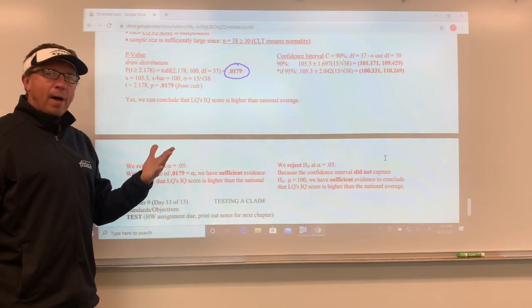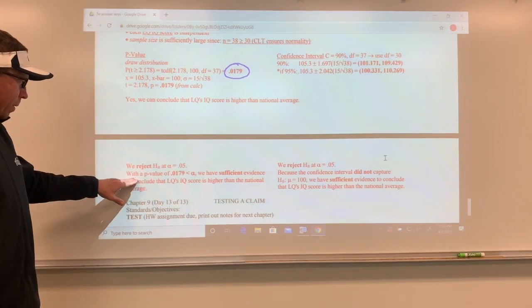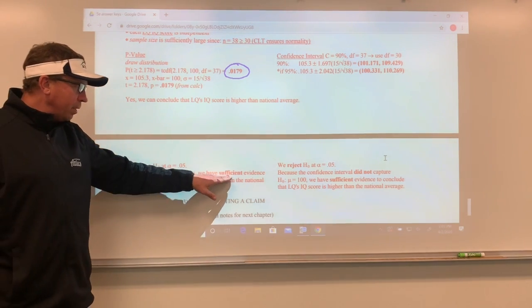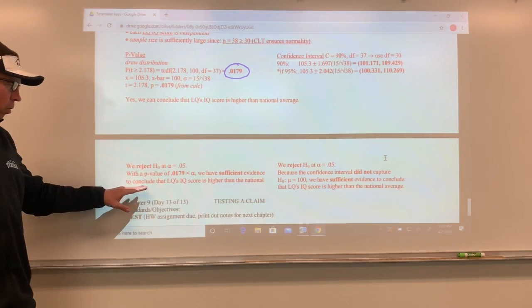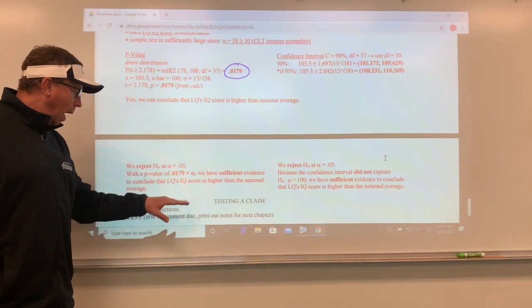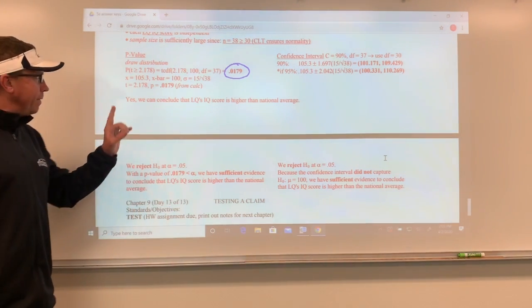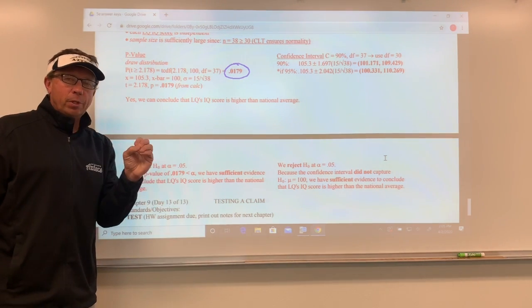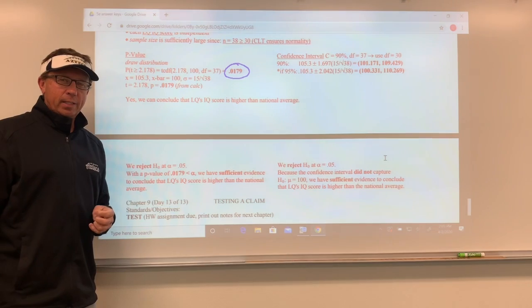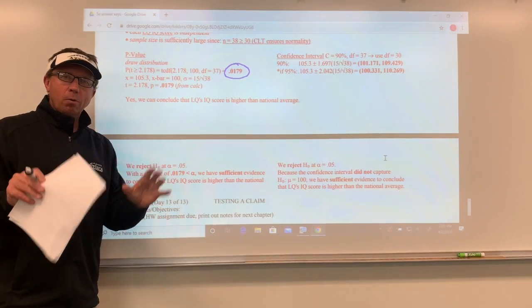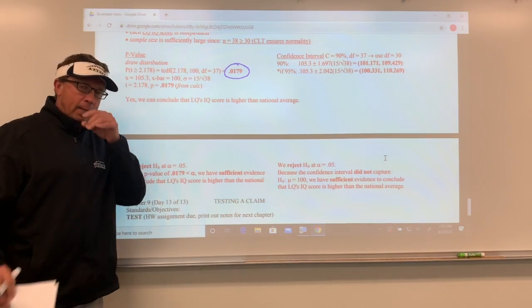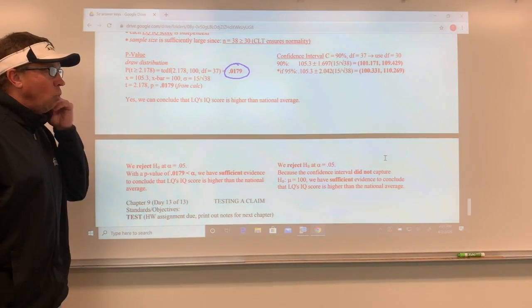So I'm saying 0.05 because that's a reject. We have a p-value that is smaller than alpha, so we reject. We have sufficient evidence to conclude that LQ's IQ scores are higher than the national average. If this was 0.01, then you would fail to reject. You wouldn't have enough evidence. This is between the two most common alpha levels of 0.01 and 0.05, and they would say different things based upon how much evidence you want.